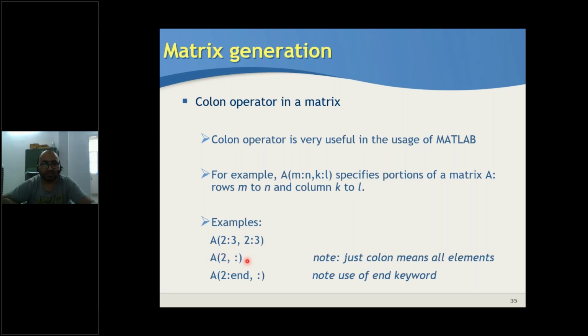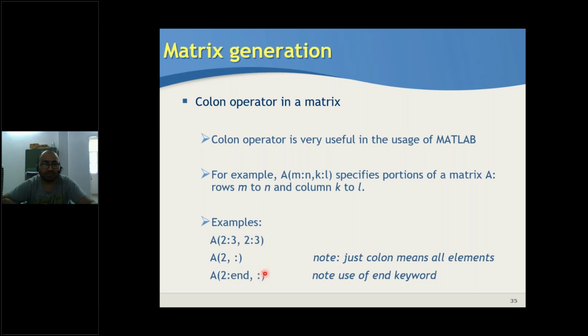Now this command will display all the values which are present in the second row and for all columns. This colon in the column position is representing all columns. So this will display all the values which are present in the second row.